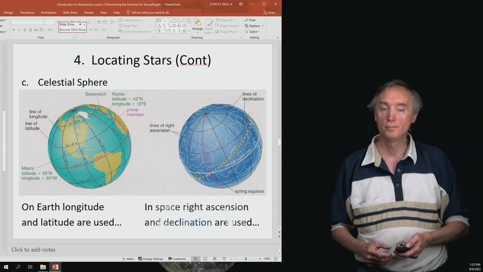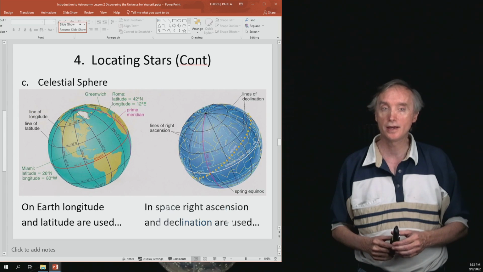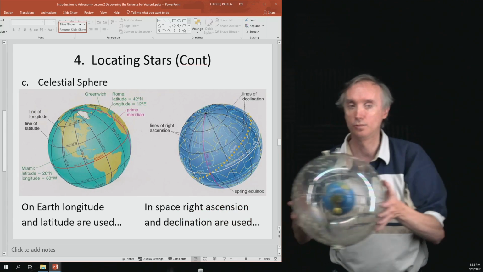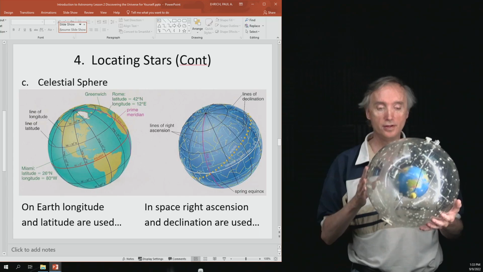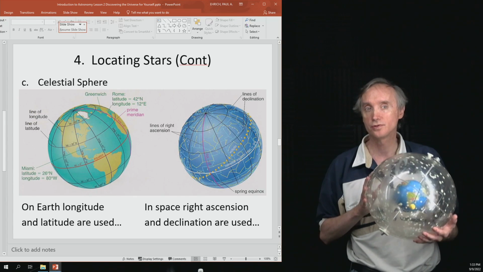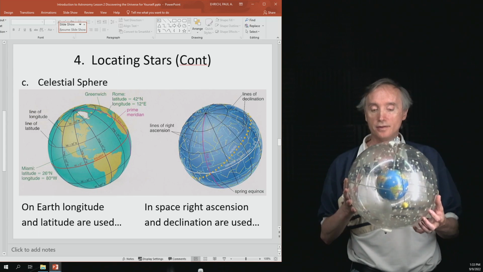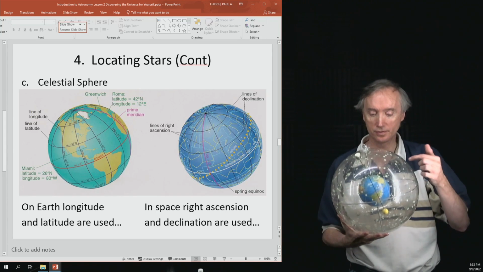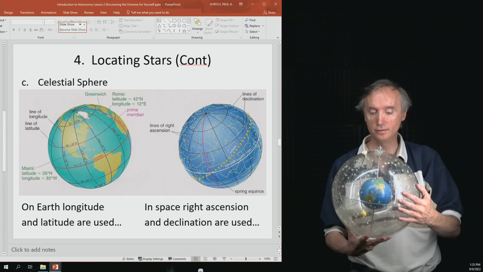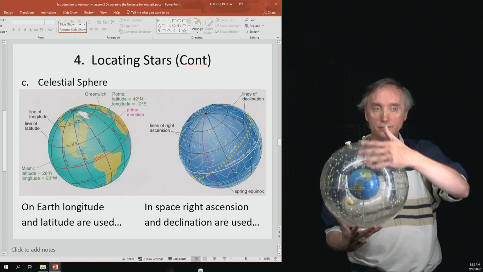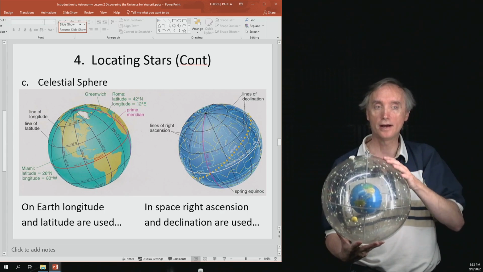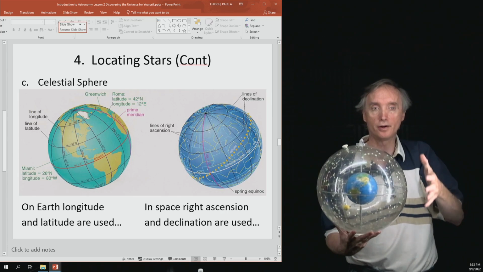And then another way of doing it is by using a celestial sphere. And that is one of these things. The idea of the celestial sphere dates all the way back to the ancient Greeks 2,000 years ago. They thought that the Earth was the center of the universe, and that surrounding the Earth was a sphere, and the sphere had holes in it, and outside of that was the realm of fire.